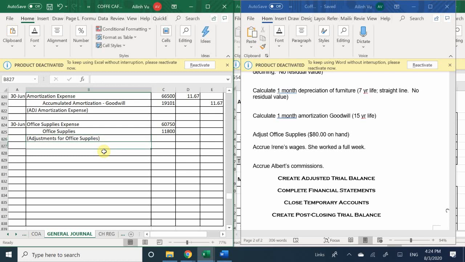Now, what does it mean that we have $80 on hand? If we started with 150 and now we're down to $80 left, how much supplies did we spend? $70. Good. $70 worth of supplies.